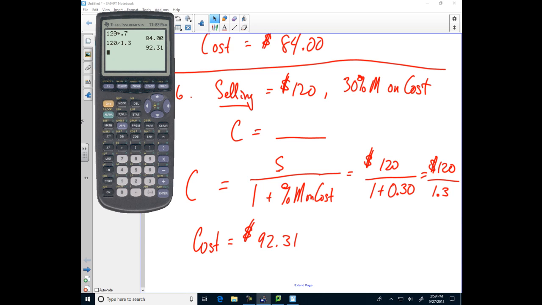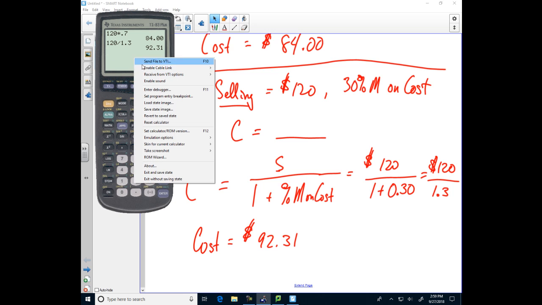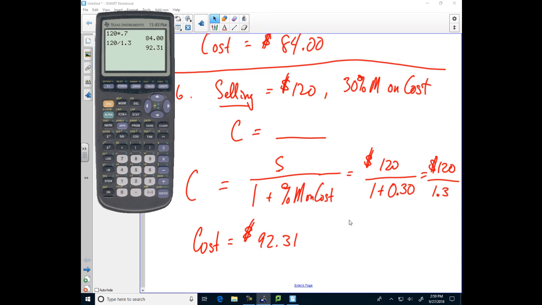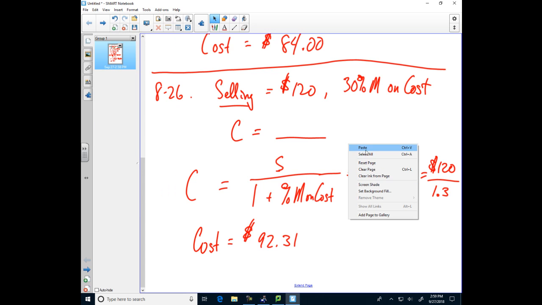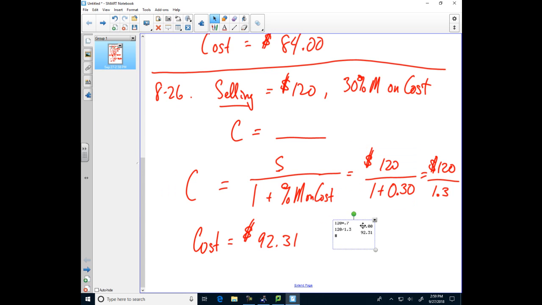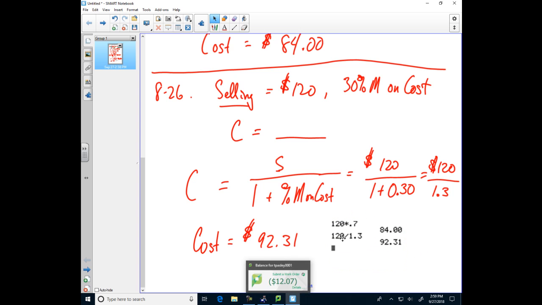I got 92.31. What'd y'all get? Everybody okay?